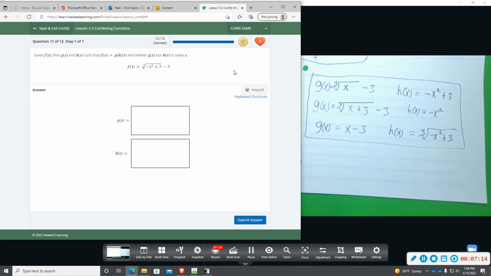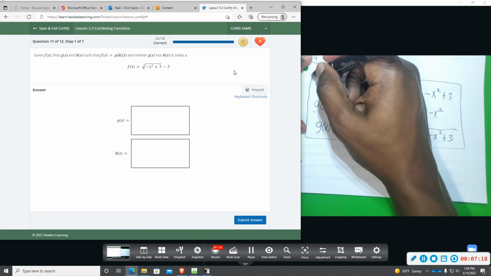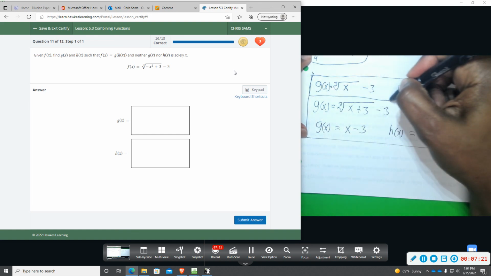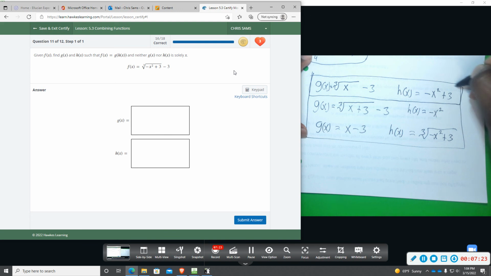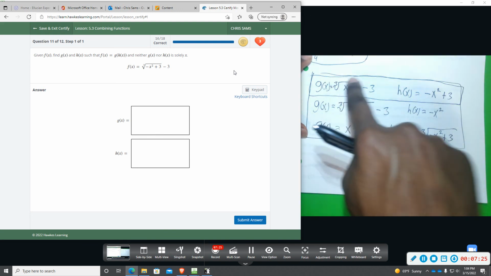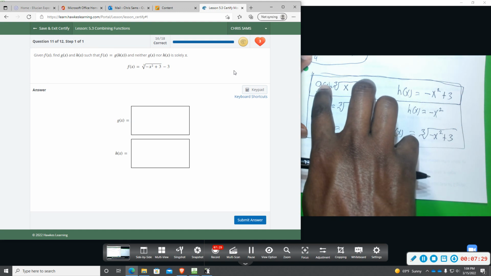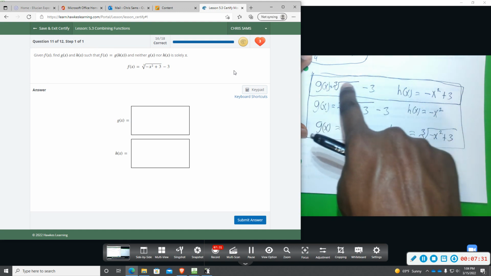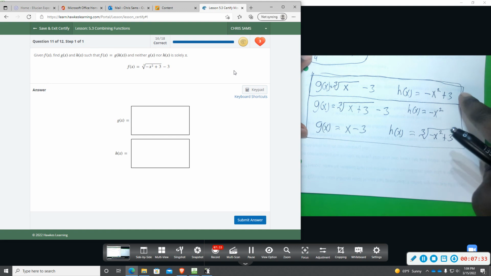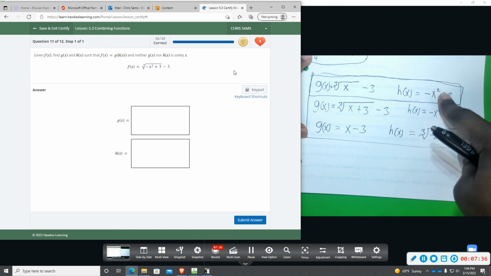It doesn't really matter. But the main idea is just to be able to rewrite it, and this is the first way. I would just simply replace anything inside of a grouping symbol with x, and then let that be my basic function, and then let what was inside the grouping symbol be my other function.